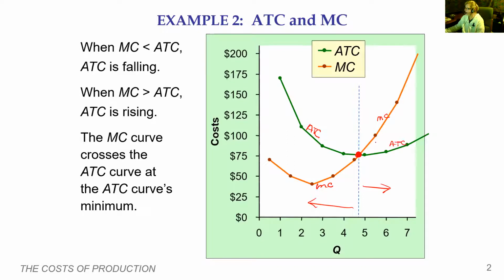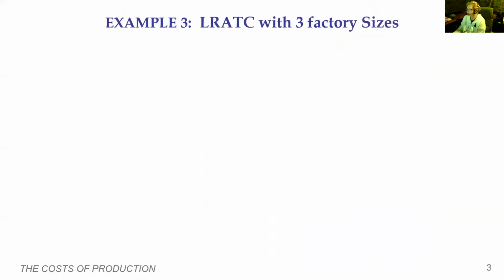If it were math, average total cost here could be 10. Marginal cost could be 5. Over here, marginal cost might be 15. Average total cost might be 7. So we can see it either in a chart or we can see it graphically. The reason why this is important is that it will help us make determinations about what we should do in the short term and more so what we should do in the long term.